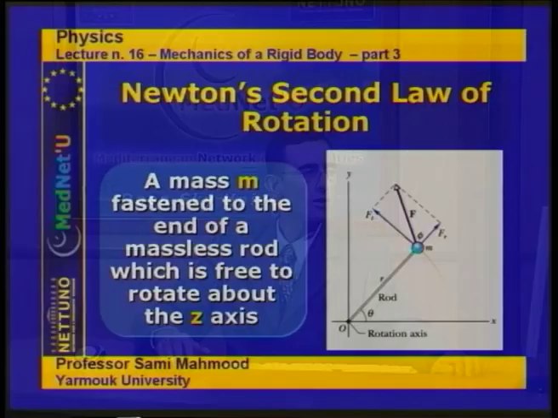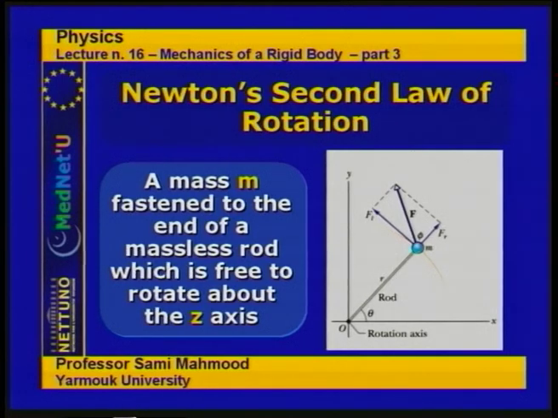And in a similar fashion, we can discuss Newton's second law for rotation, and for simplicity we will focus our attention on the rotation of a rigid body that is the simplest rigid body we can think of, which is simply a point mass of mass m attached to a rigid rod of length r, and that rigid rod is free to rotate about the other end of it, and it can rotate in a plane which is the xy plane as shown in this figure.